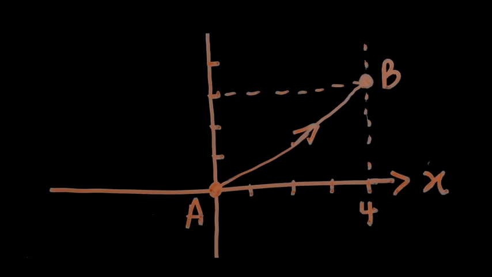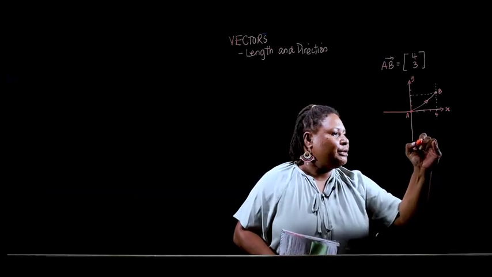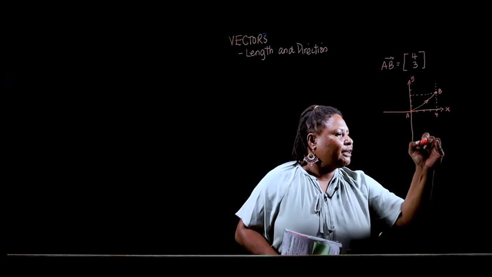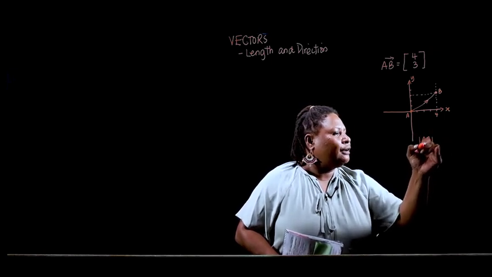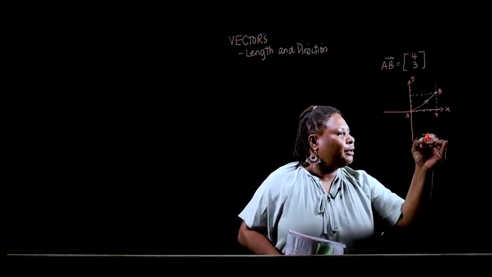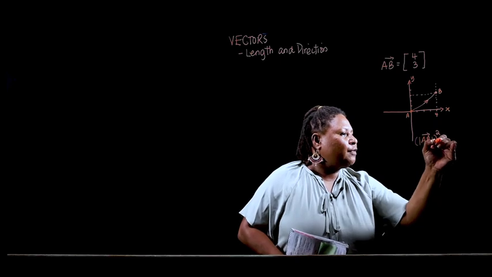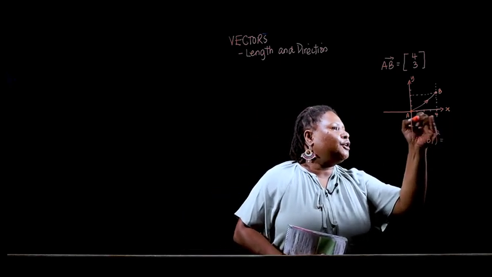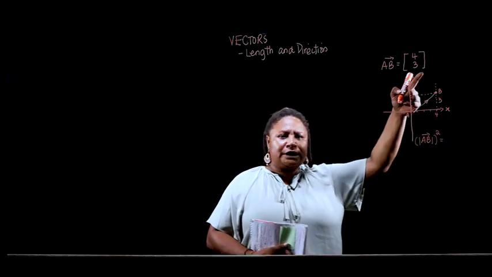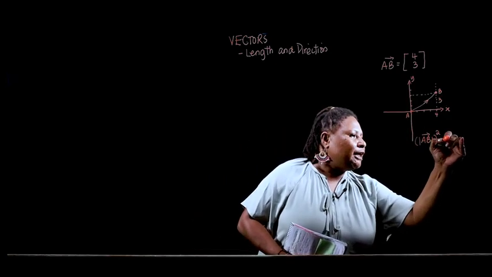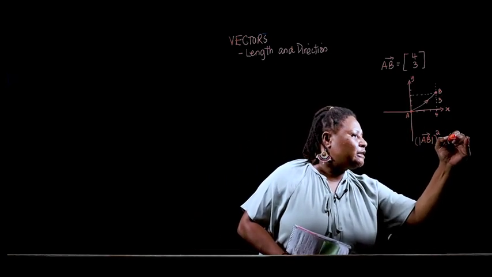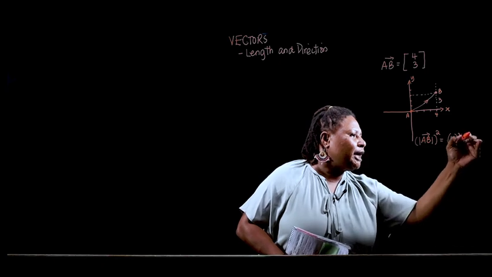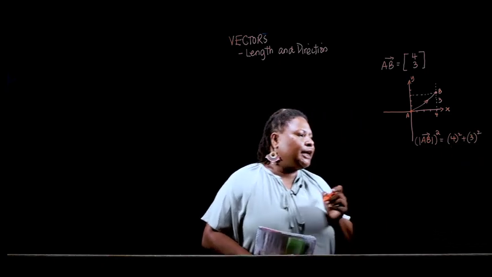So the length of vector AB, remember the arrow, is found by applying Pythagoras. We have 4 units across, 3 units up. So we have the length of the two short sides already given, 4 squared plus 3 squared.